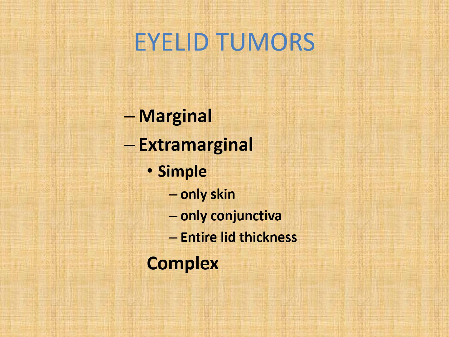Eyelid tumors can be marginal or extramarginal. The extramarginal may only involve the skin or only the conjunctiva or the entire lid thickness, as in a complex tumor described.